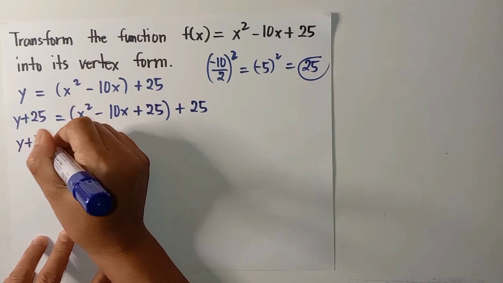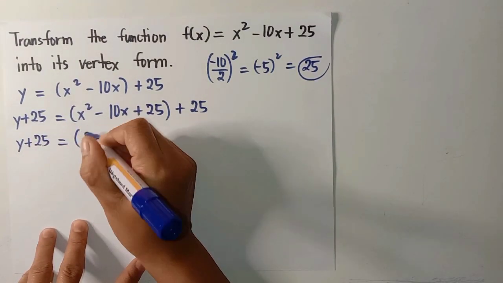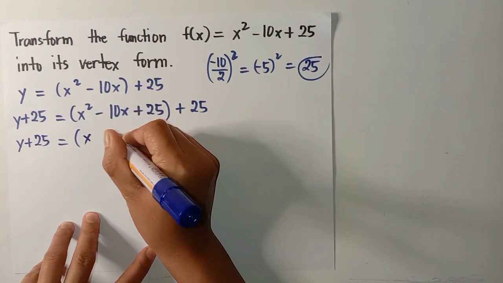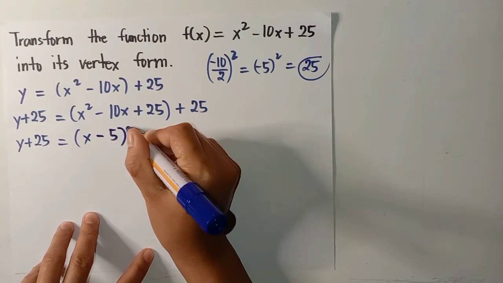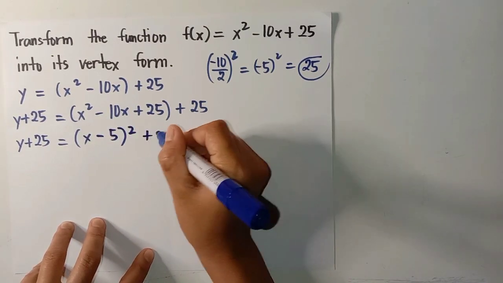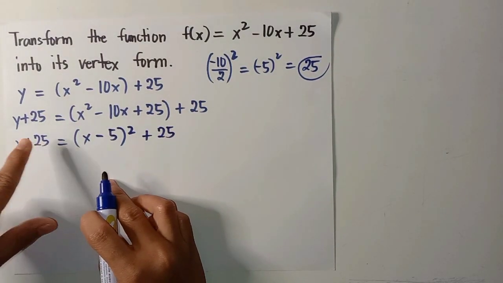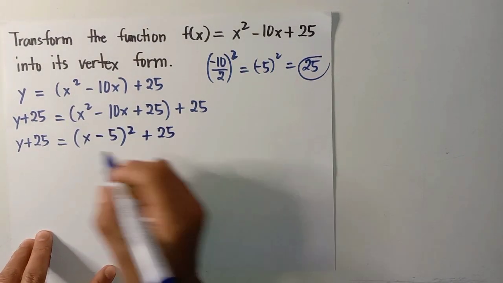So copy y plus 25 and then square root of x squared, x, square root of 25, 5. Just copy minus plus 25. After that, we will transfer this positive 25 to the right side of the function.